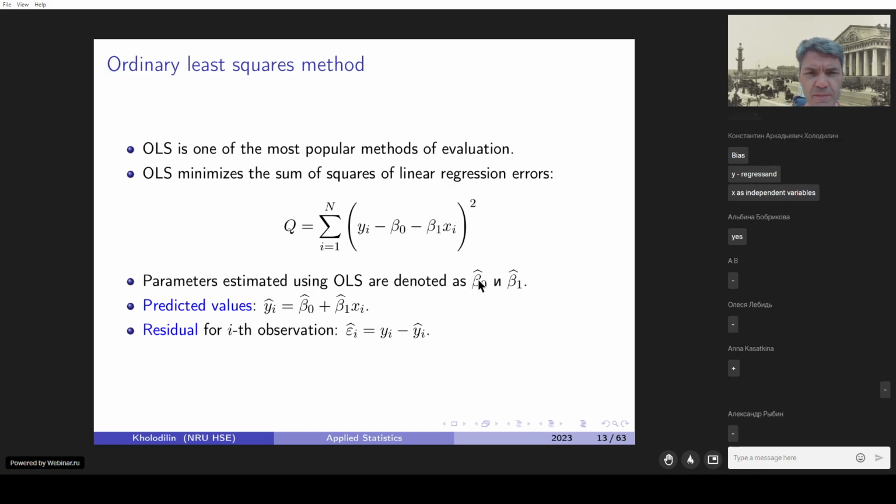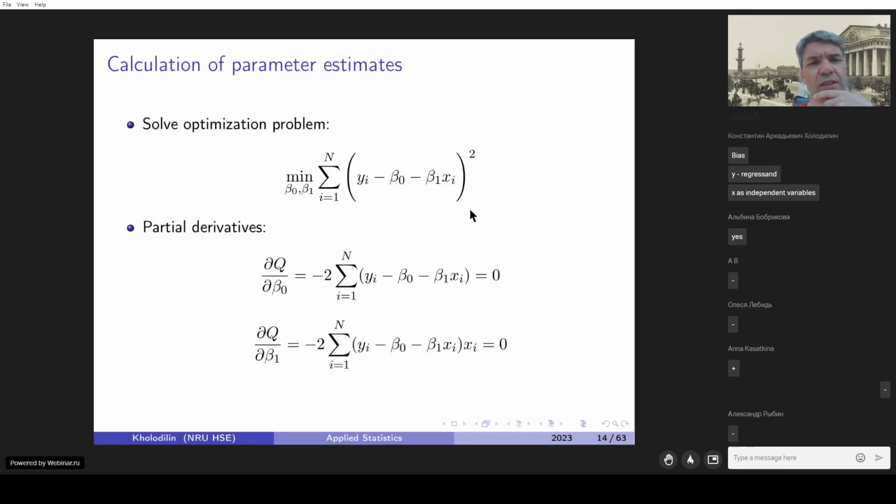As I told you, the estimates of beta 0 and beta 1 are denoted by hat. These are predicted or fitted values of y, and the residuals are the difference between the observed values and fitted values. So here we have a minimization problem with two parameters with respect to which we can minimize this expression.